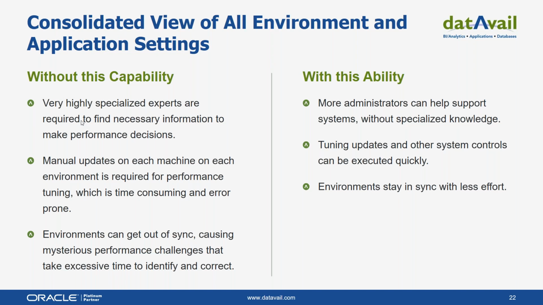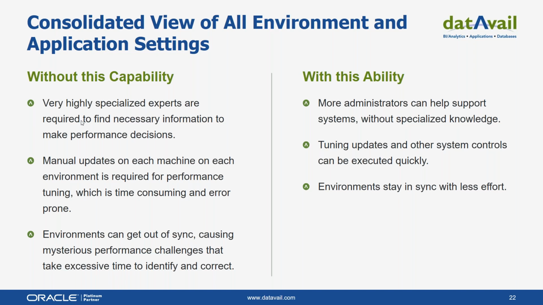They have to know where to look in the application, where to look in the environment to bring information up. And they have to do it one-off by remote desktoping into each machine individually. You have to make manual updates on each machine and each environment for performance tuning, which is time-consuming and error-prone, as I'm sure many of the folks on the team, if you've ever gone through that, know firsthand.